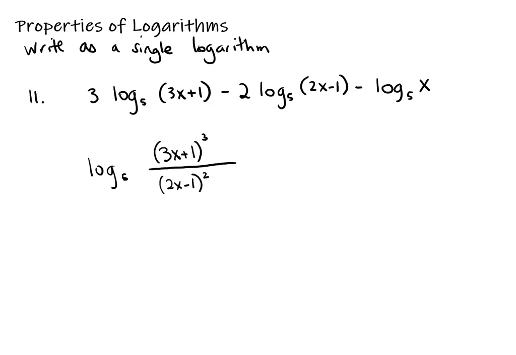The negative puts it in the denominator, the 2 becomes the exponent. The last one is x, and because it has a coefficient of negative 1, an invisible 1, I'm going to put x to the power of 1 in my denominator. And so let's just keep our entire fraction together. This is in condensed form.